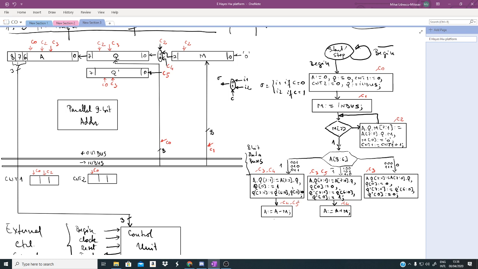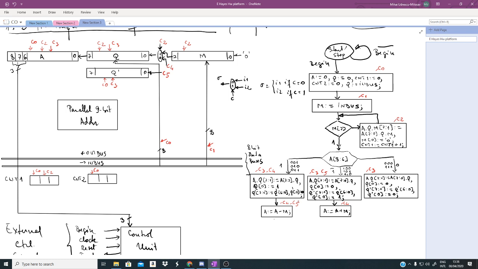But another thing here is that we don't do addition or subtraction only between A and M. We also need to subtract Q prime from Q to convert the quotient in binary.